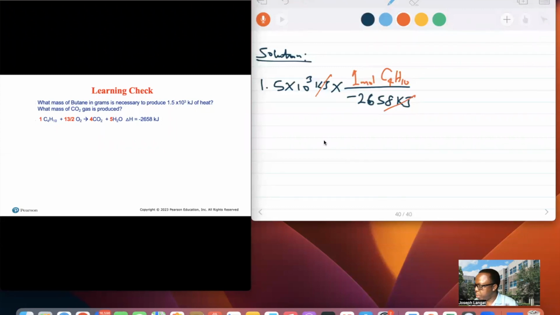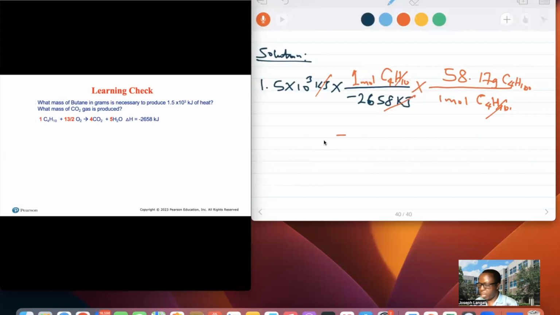And then using the molar mass of butane, 1 mole of C4H10 weighs 58. This is the molar mass, 58.12 grams of C4H10. So here is the cancellation for that.